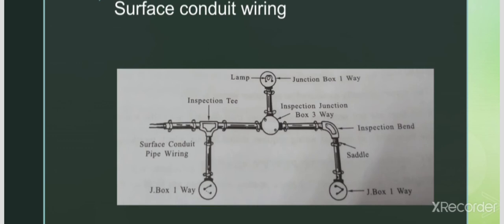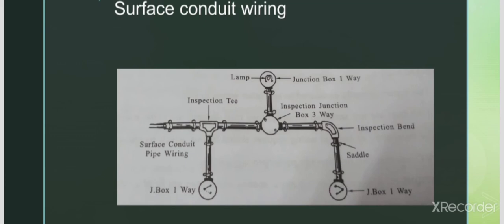In surface conduit wiring, conduits are fixed on the surface of walls or ceiling by means of saddles, secured to wooden gutties with screws at an interval of not more than 1 meter. The PVC cables are drawn by means of GI wire of about 18 SWG, that is standard wire gauge, and the earth wire is fixed by means of earth clips.